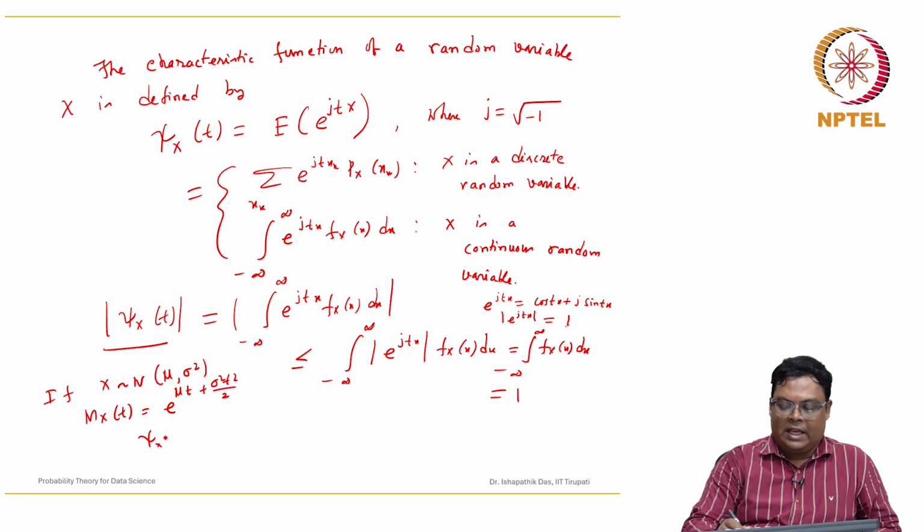Then for psi X(t), if you just replace t by jt, it will be e to the power of j mu t plus j square t square sigma square by 2, and j square is minus 1, so it will be minus sigma square t square by 2. So this is the characteristic function.